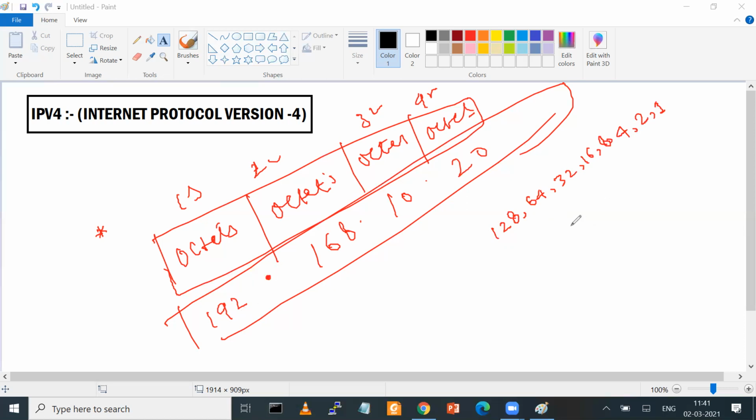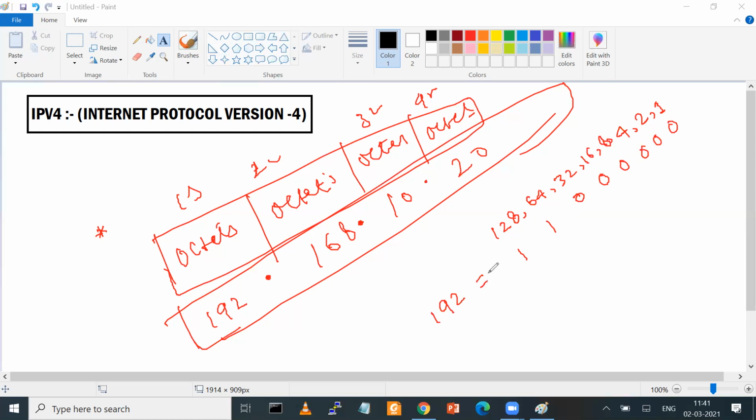So 192 will automatically have 128, because this is the highest number and the value you want to make is higher than the other values. So 128 should be there, and now you have to think how to make the rest. So 192 is 128 plus 64, when you add. So the rest values should be 0.